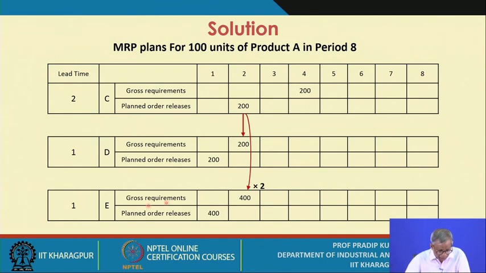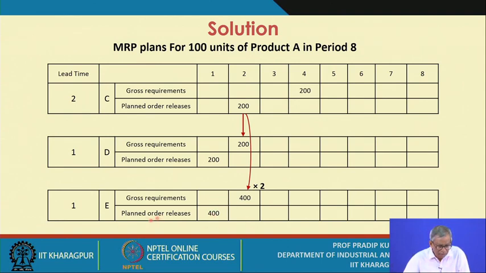Okay, and to produce 1 unit of C, you require 2 units of E, capital E. So for producing 200 units of C, you require 400 units of E, and for item E the lead time is 1 week or 1 time unit.